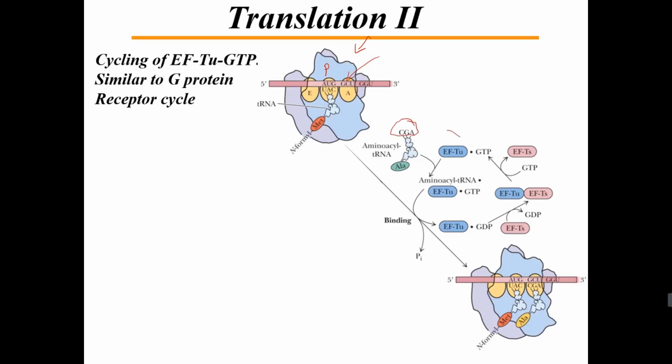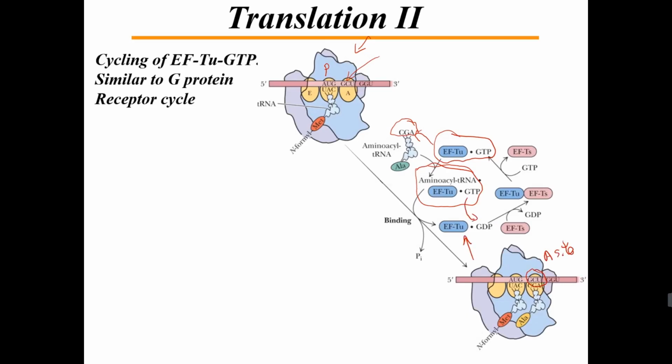We said that it is brought in with EF2 that's bound to GTP, so they associate, so you get that complex. Once the correct match is made between the codon and anticodon in the A site, as depicted here, we get GTP hydrolysis of EF2 such that the GTP is hydrolyzed to GDP.